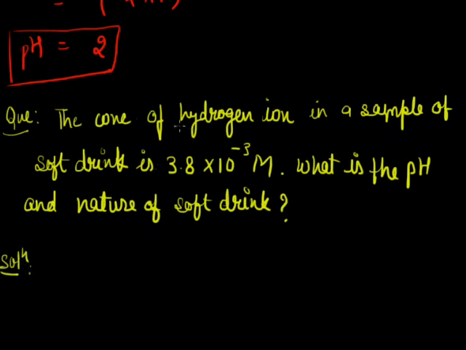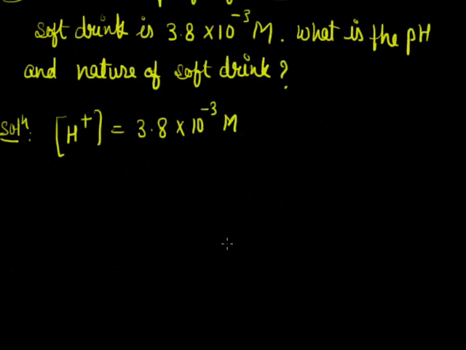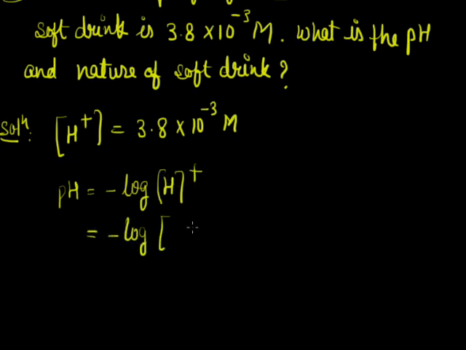Here the hydrogen ion concentration is given, meaning the H plus ions are given for the solution, that is 3.8 into 10 to the power minus 3 M. As we know the value of H plus ion, we can easily calculate the pH. We know that the pH is the negative logarithm of the H plus ions. We put the value: minus log 3.8 into 10 to the power minus 3.